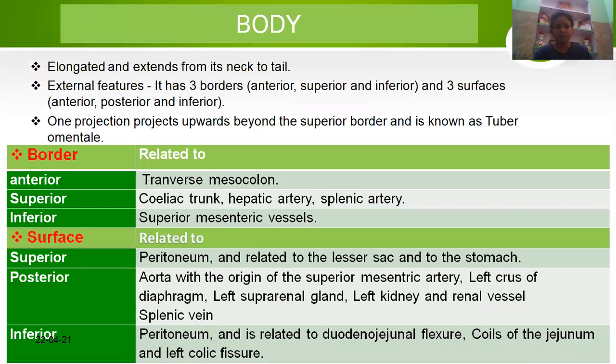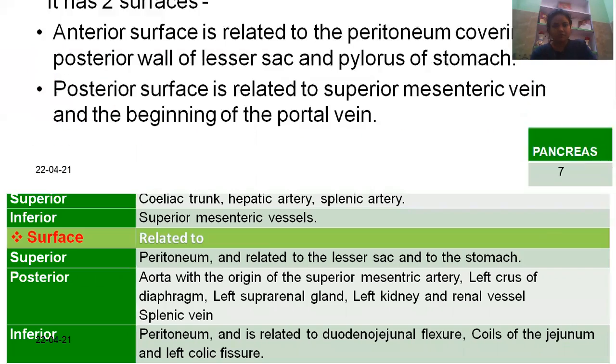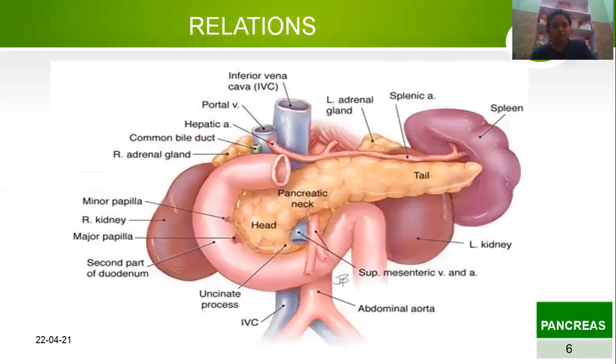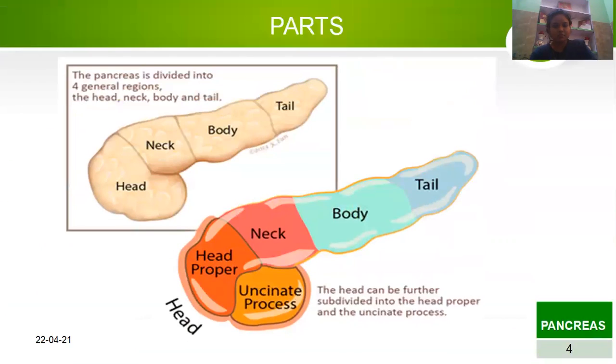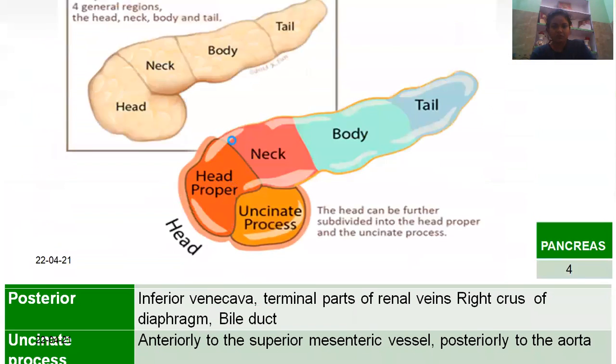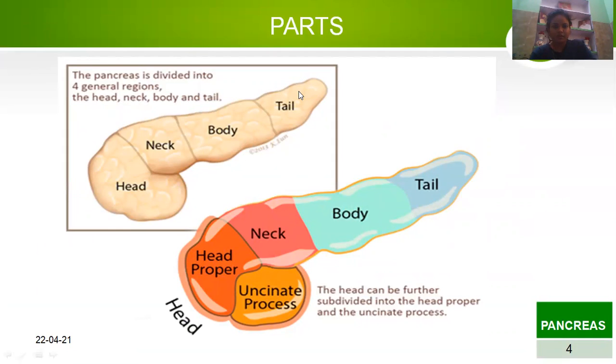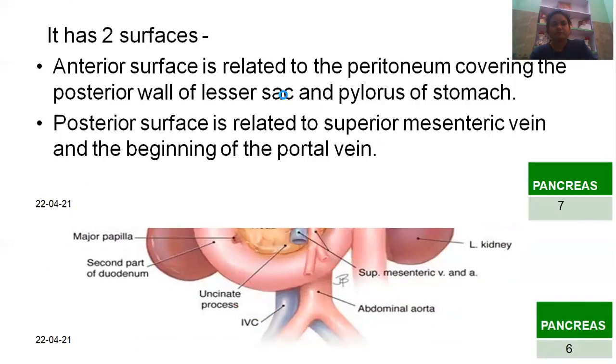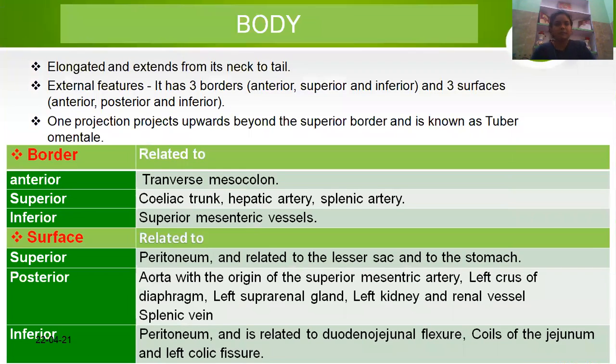Now, the body. This is the body, which lies between the neck and the tail, or which extends between the neck and the tail. The body is elongated and extends from its neck to the tail.